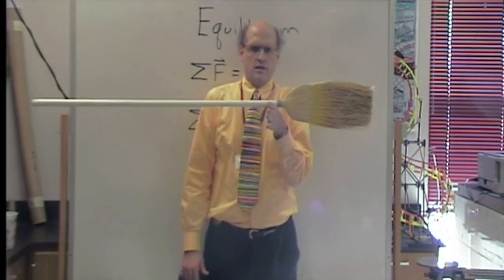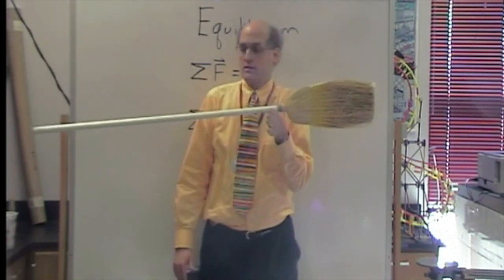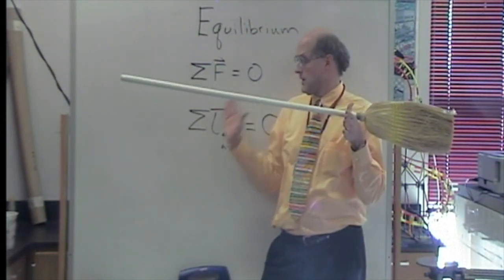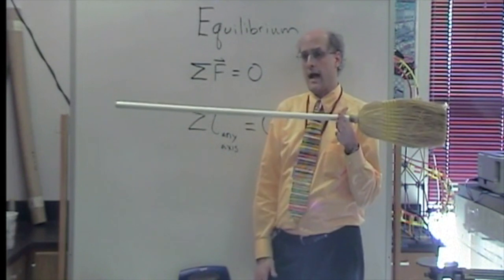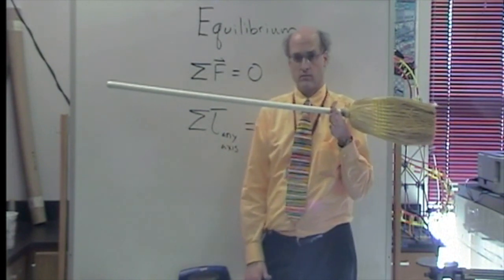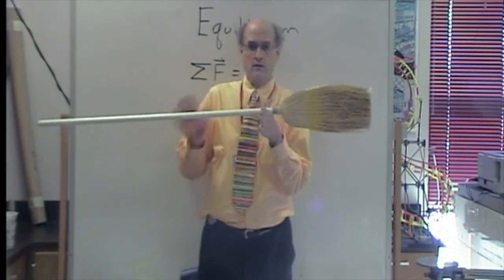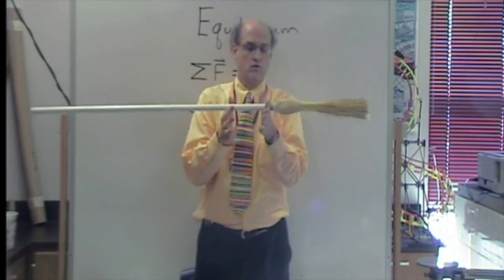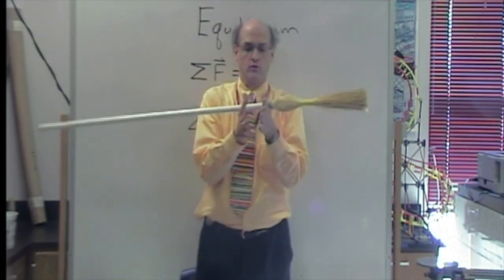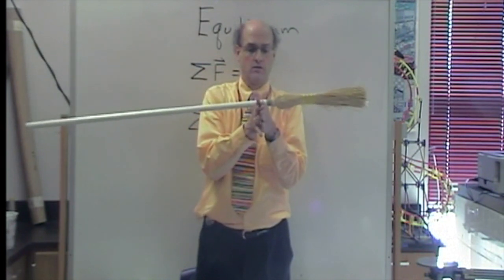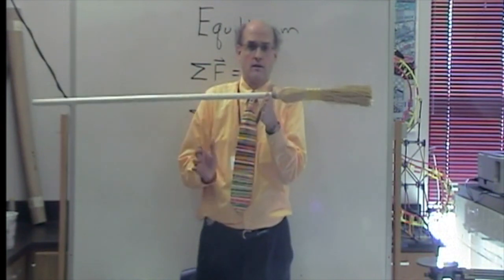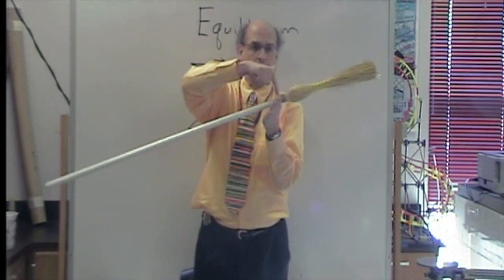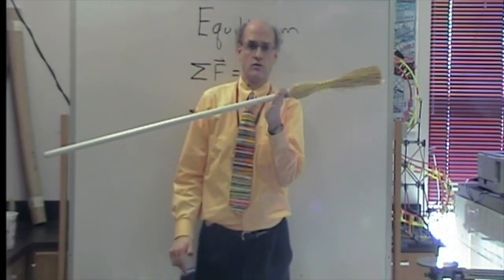This broom is in a state of equilibrium, which means that the sum of the forces on the broom equals 0, and the sum of the torques about any axis is equal to 0. So the weight of the broom should be equal to the normal force, which is exerted on the broom by my hand. And the sum of the torques about any axis, okay, let's choose my hand as the axis, should equal 0.